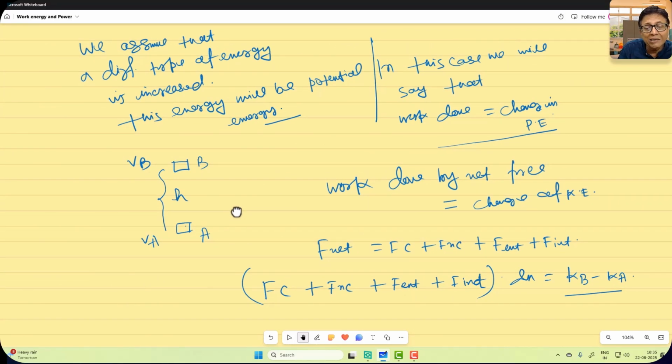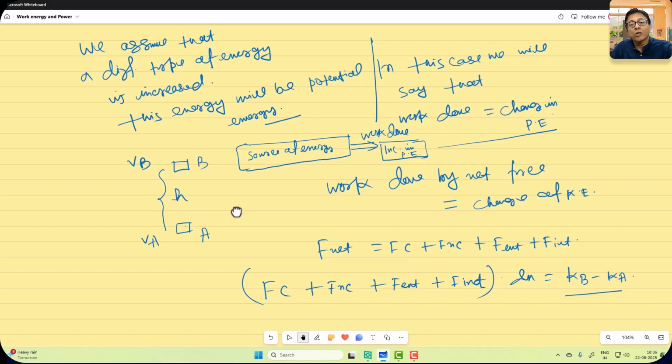From the source of energy, by the work done, the mgh work, we have got an increase in potential energy.